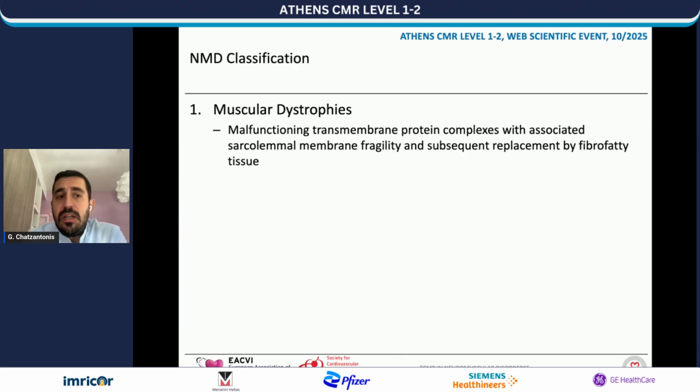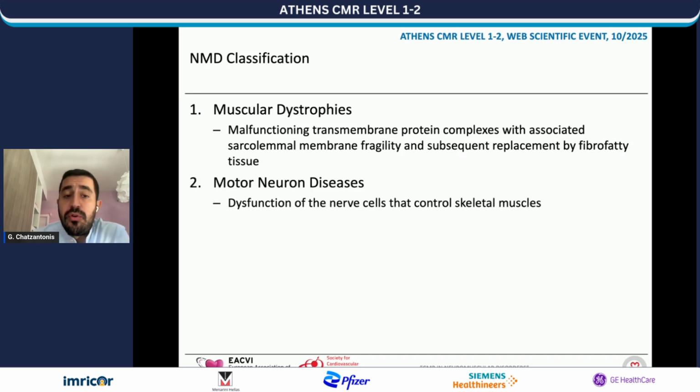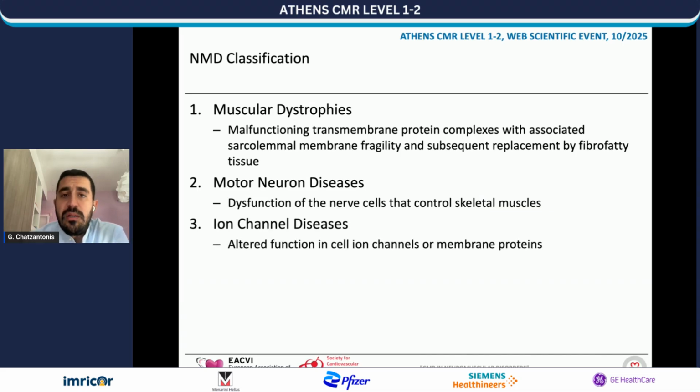There are different NMDs, classified into muscular dystrophies, that is malfunction of the transmembrane protein complexes with associated sarcolemmal membrane fragility and subsequent replacement by fibrofatty tissue. Motor neuron diseases, that is the dysfunction of the nerve cells that control the skeletal muscles. Ion channel diseases, altered function in cell ion channels themselves or membrane proteins.